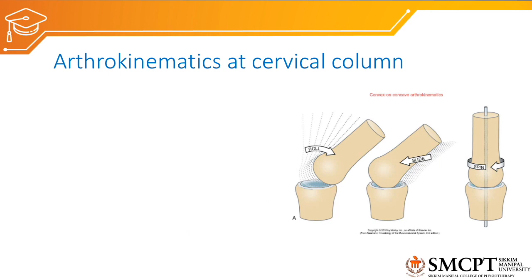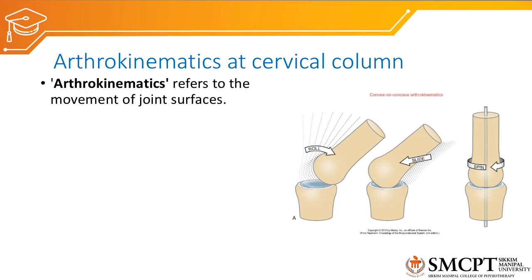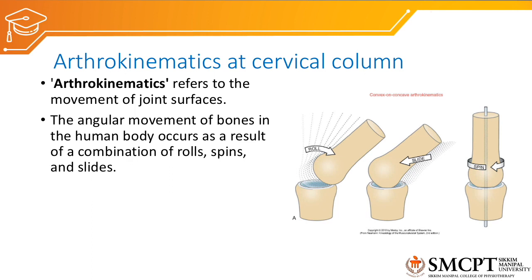Coming to arthrokinematics at the cervical vertebral column. Arthrokinematics means the movement occurring at the joint surfaces. So what are the movements occurring at the joint surfaces? Those are rolling, sliding, and spinning.